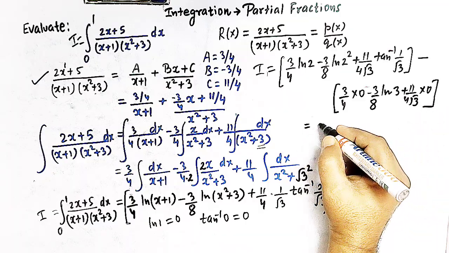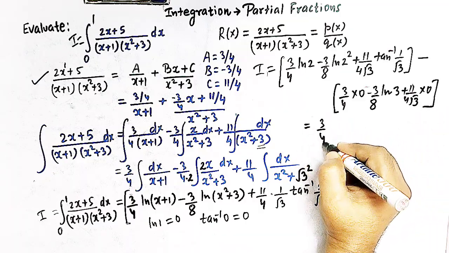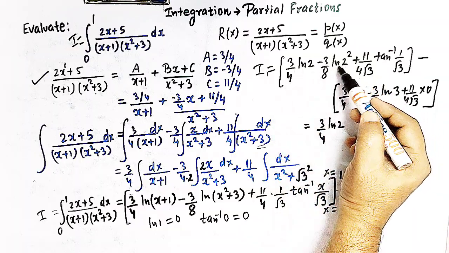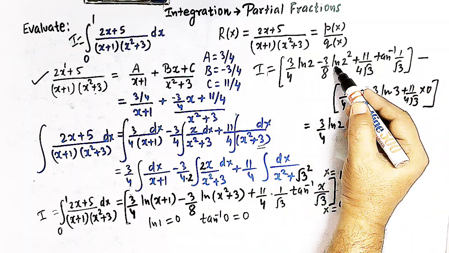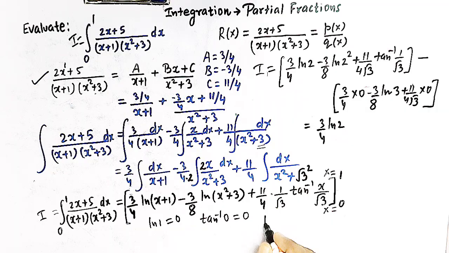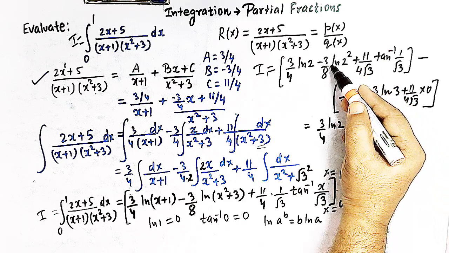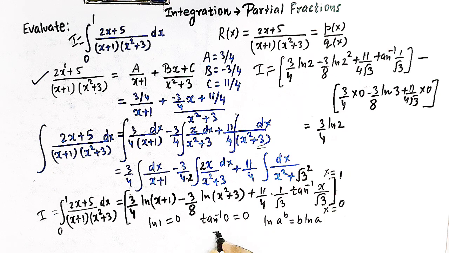So now we can write 3 over 4 natural log of 2, and using the properties of logarithms, that is log of a raised to b is b log a, when we take 2 in front of the log, then we have minus 3 over 8 times 2 times natural log of 2. So this is 2 times 4.